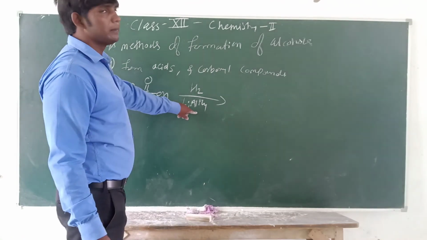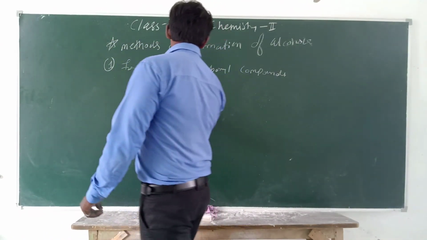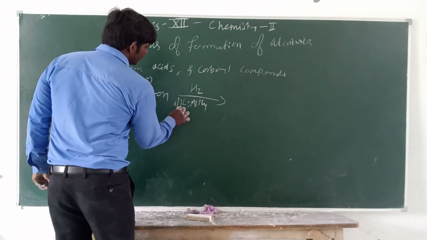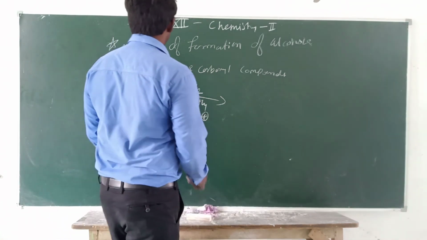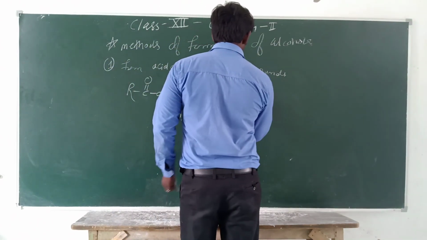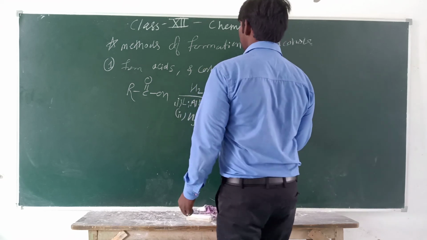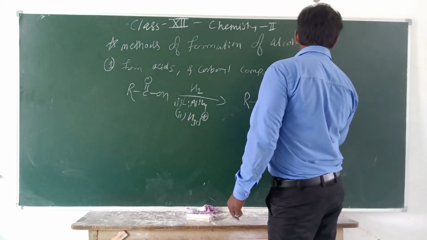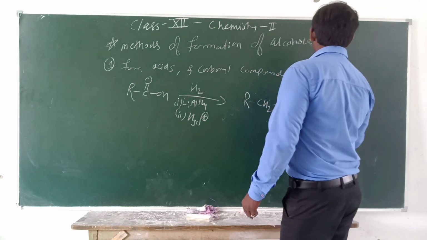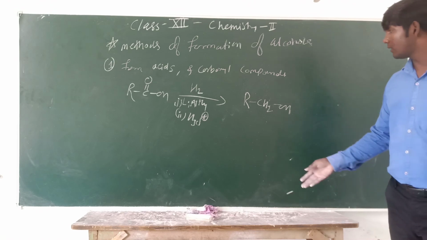First we treat with lithium aluminium hydride and second we hydrolyze to wash away this reagent, and finally we get the alcohol RCH2OH, a primary alcohol, as our product, along with lithium hydroxide. The side product does not matter that much.